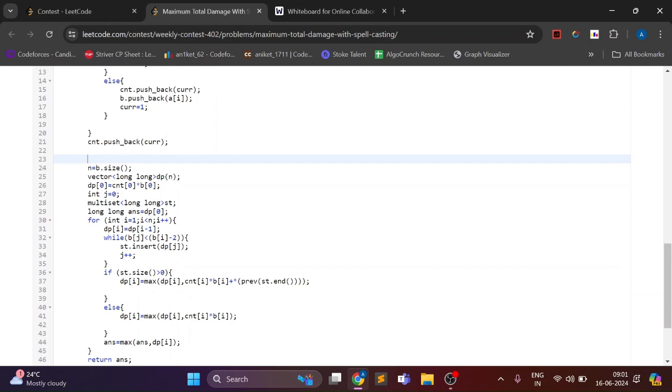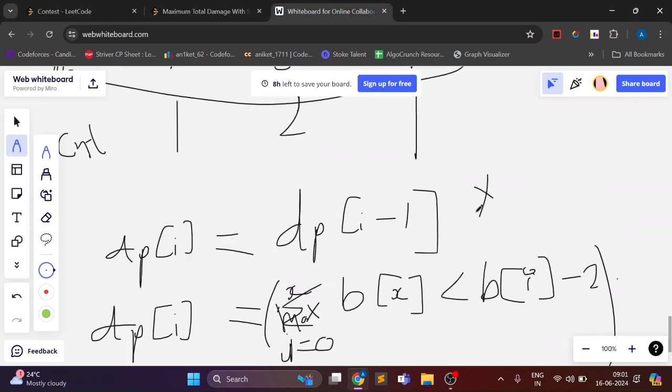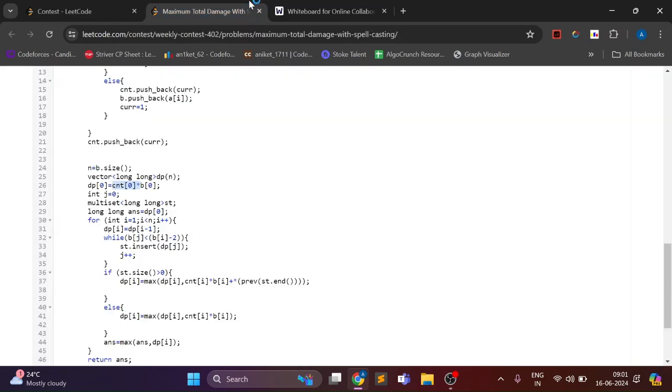Now from here the dp would start. I will reassign n to b dot size and declare a vector dp. For the first element, dp of 0, the maximum answer would be just cnt of 0 into b of 0, because there is no other element present before it, so this transition would not be valid for the 0th index.